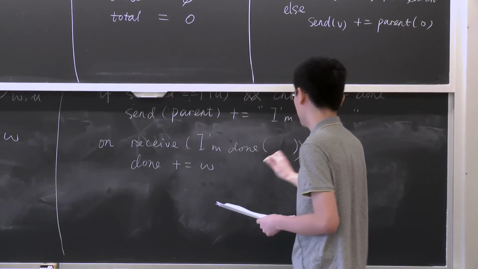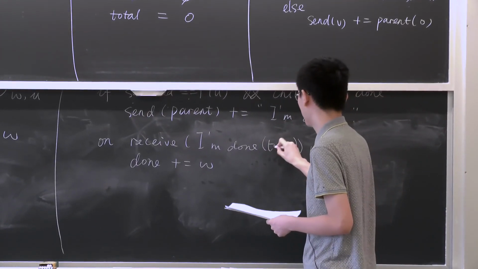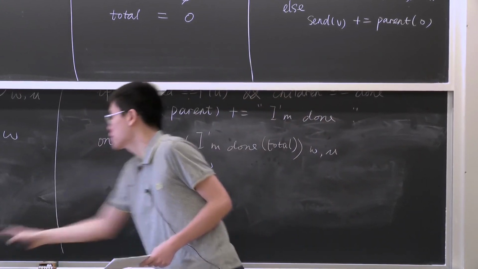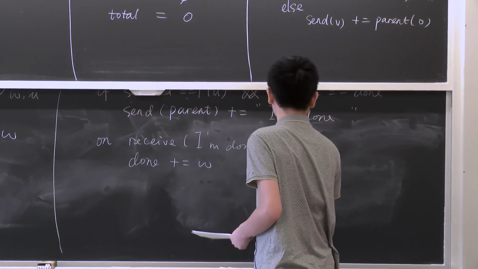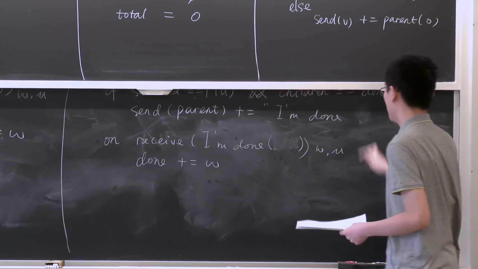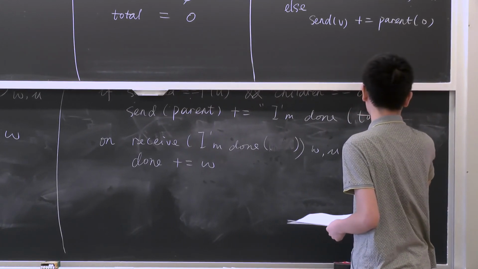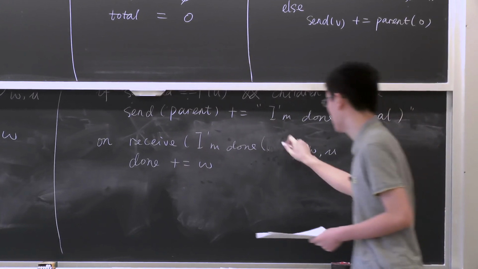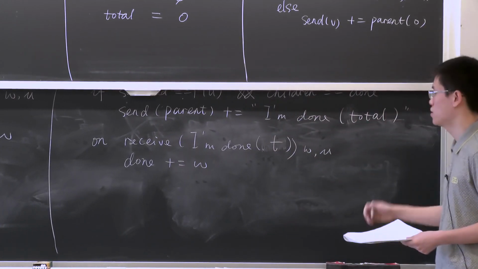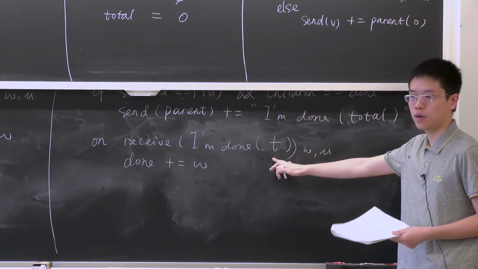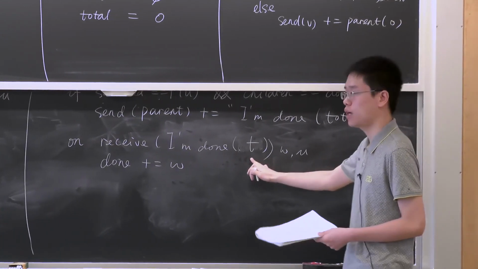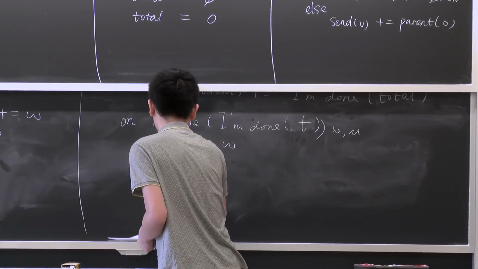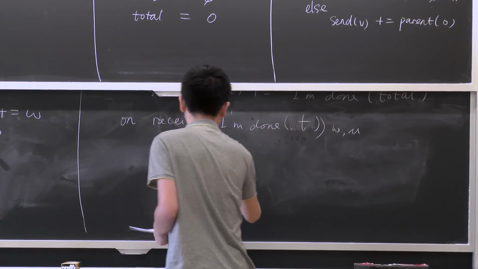When I'm sending the I'm done signal, I'm going to send my total number of offspring with it. Right? And when one of my children reports that it has T nodes, I need to increment my total by that amount.